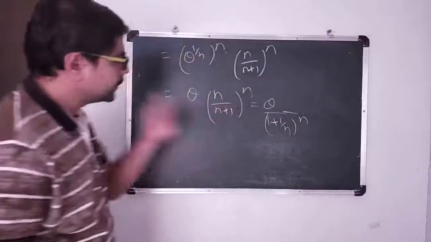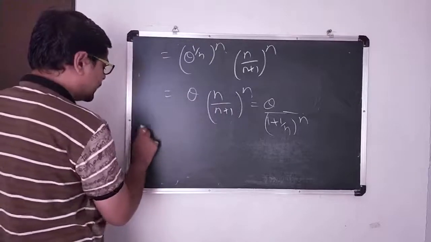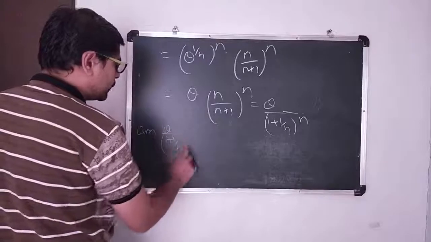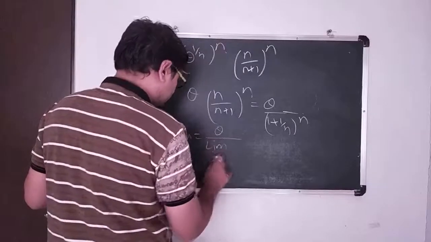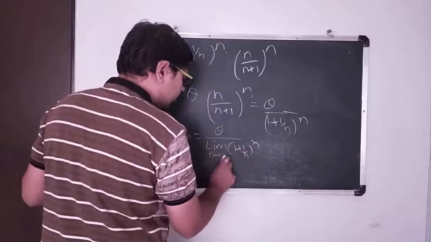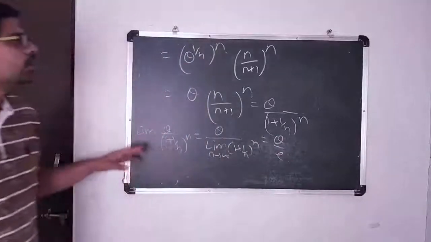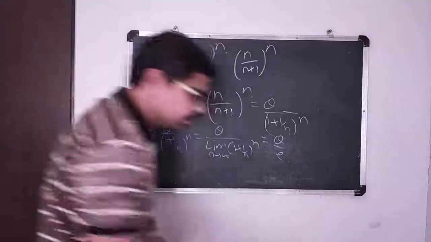So the limit is theta upon the limit of 1 plus 1 upon n raised to n as n tends to infinity. This is e. So this is an asymptotically unbiased estimator of theta upon e as n tends to infinity.